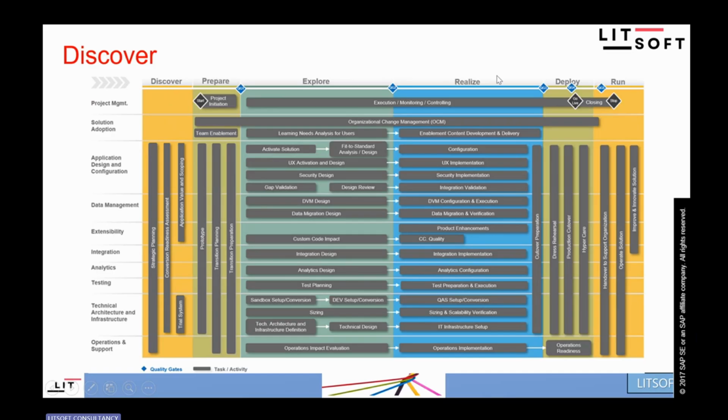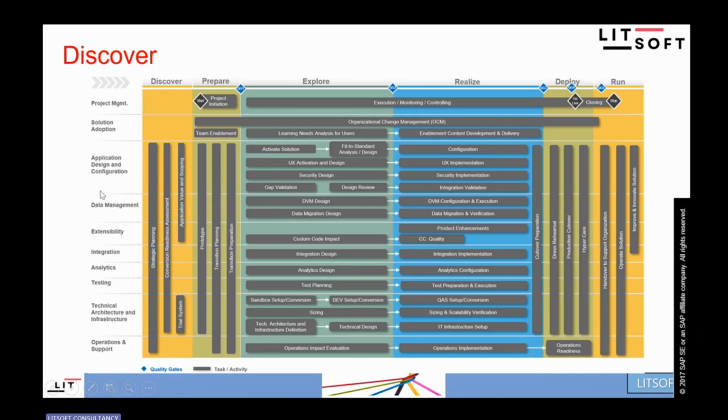We will speak about this 100 times by the completion of the project, and you will be good with that. Then project management, solution adoption, and all these are the steps. Earlier we have already seen data management, extensibility, integration, analytics, then testing, final preparation, then technical architecture, operation support.